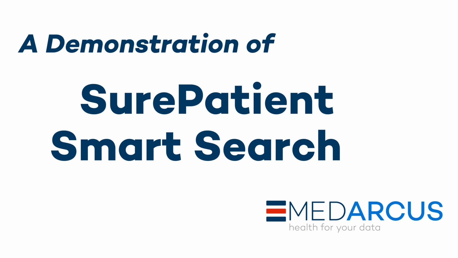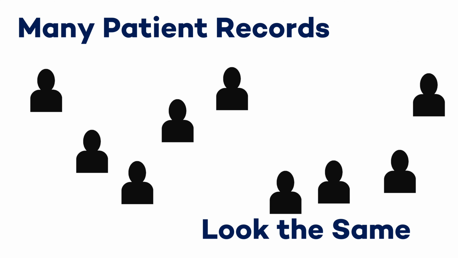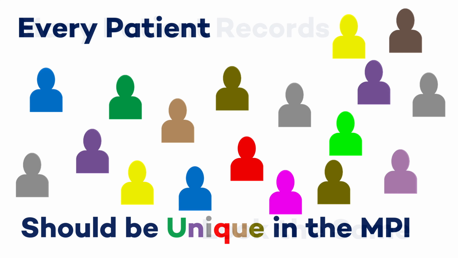So let's get into the presentation of SurePatient Smart Search. We must acknowledge that many patient records look the same. Family members, people with the same names, twins, common names. Theoretically, at least, every patient should have one unique record in the MPI.